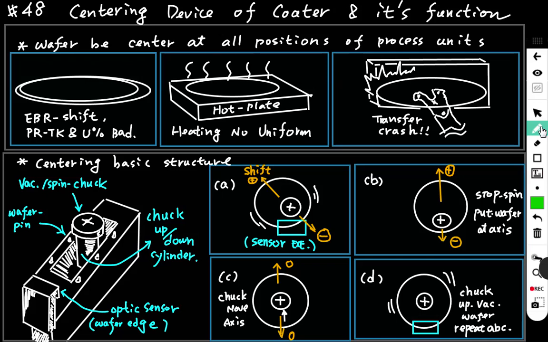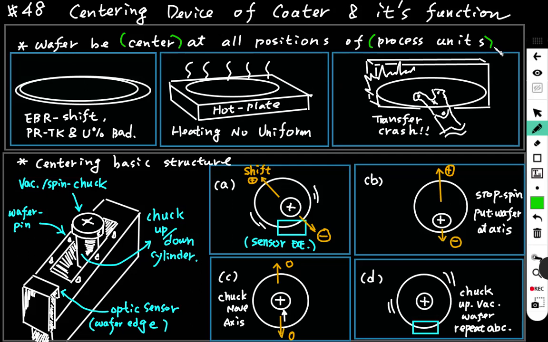Wafer must be in center status at all positions of process unit. Any kind of process unit needs wafer center at central point.